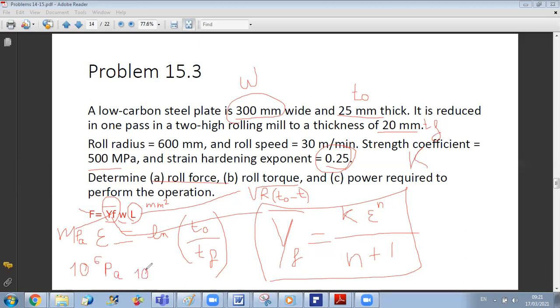So when I do the product of megapascal and millimeter square, I will get Pascal times meter square, because 10 to the minus 6 and 10 to the power 6 will simplify. And Pascal times meter square is force unit, it's a Newton, okay? So when you replace Y in megapascal and the area in millimeter square, you get F in Newton.